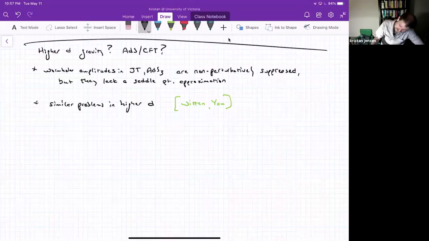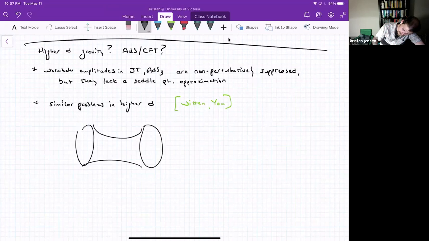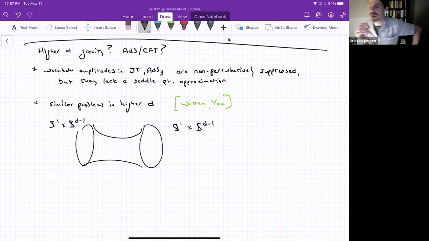So if we're interested in something we could call a wormhole that takes the same shape as what I wrote before, but where the boundaries have the same topology as a black hole in AdS, say thermal circle times spatial sphere, well, there simply are no solutions to Einstein gravity of this sort, and we have to work harder.